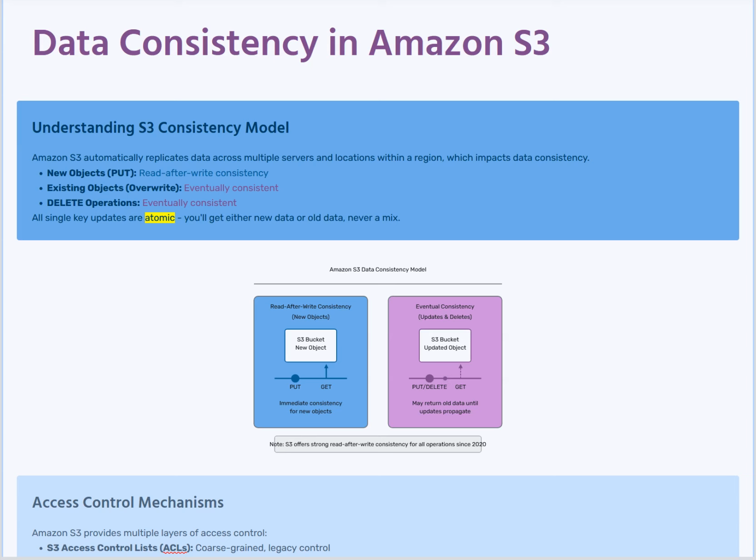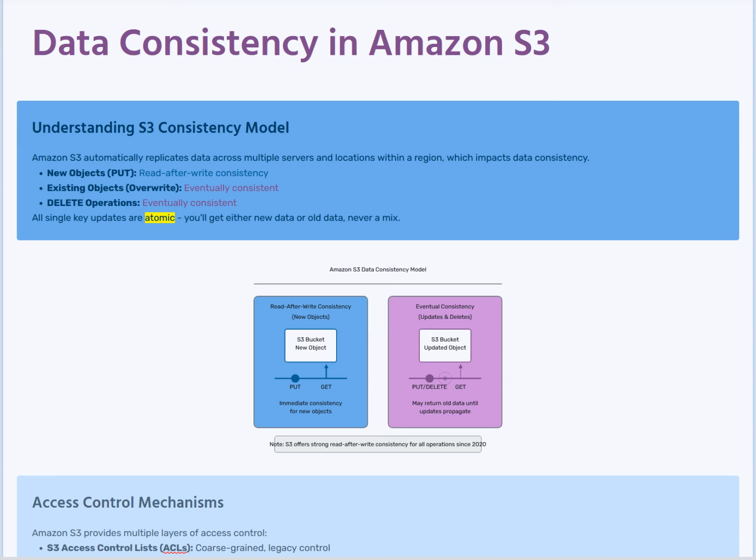The third case is delete operations. We have an image or document and we delete it. How does that operation affect things? All single key updates are atomic, so you will get either new data or old data, never a mix.